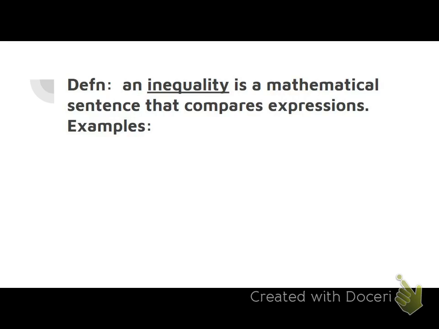We saw some examples of that in our warm-ups with things like the absolute value. Negative 10 is less than the absolute value of negative 18. That was an inequality.